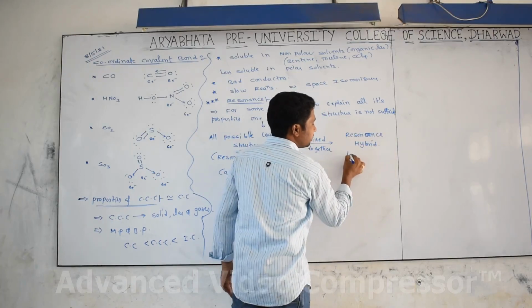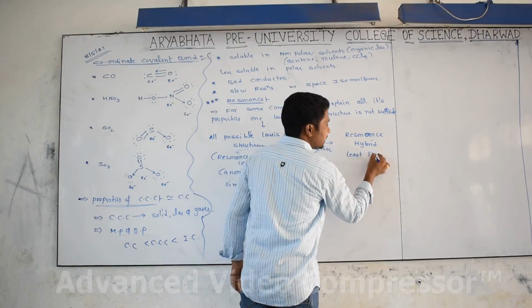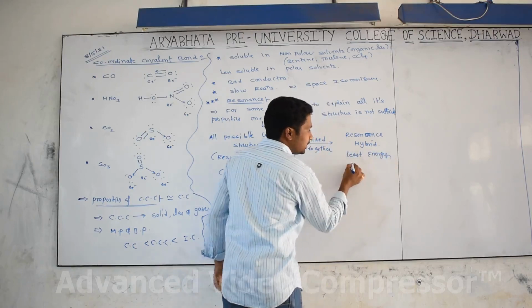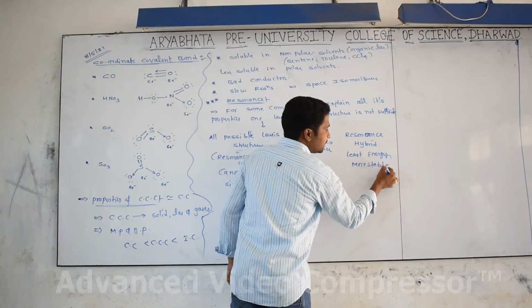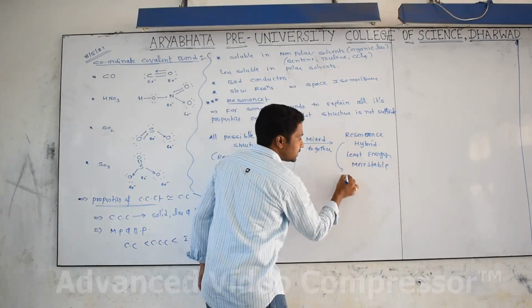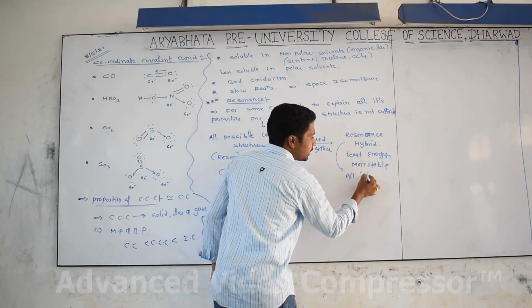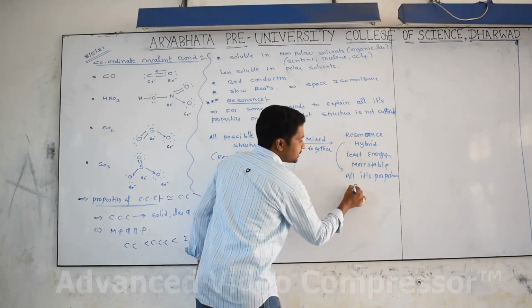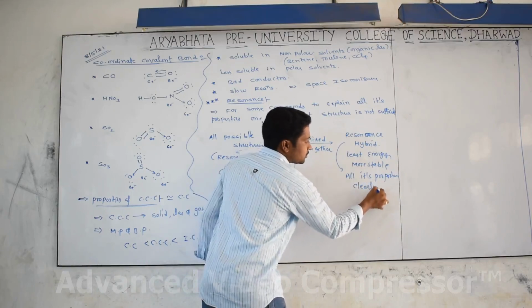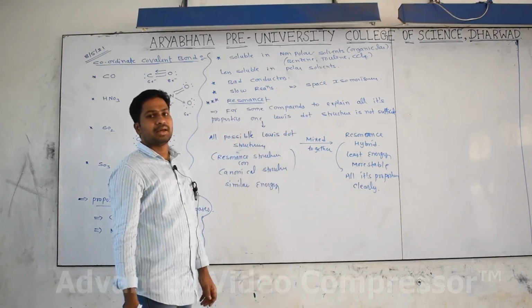This resonance hybrid has the least energy. You know very well, least energy means more stable. Then this resonance hybrid explains all its properties successfully and clearly. Such a phenomenon is called resonance.